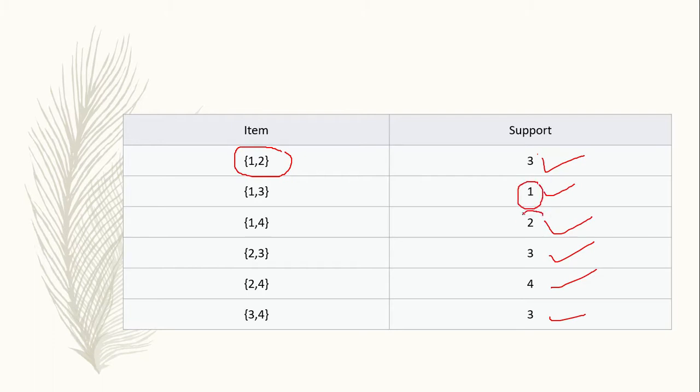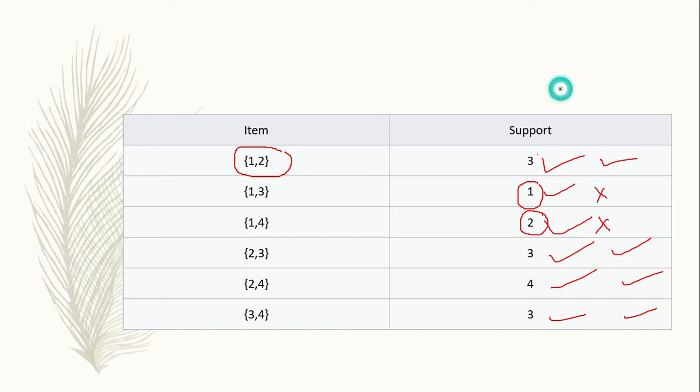So 1 and 3, and 1 and 4 are below the threshold, because they do not satisfy the condition that support should be 3 or more. So these will be deleted, and 2 3, 2 4 and 3 4 will be considered.